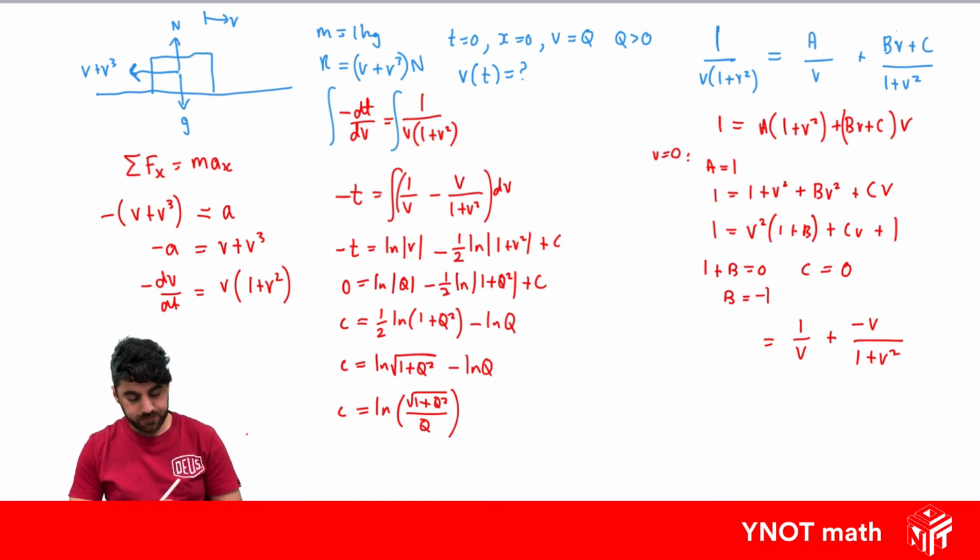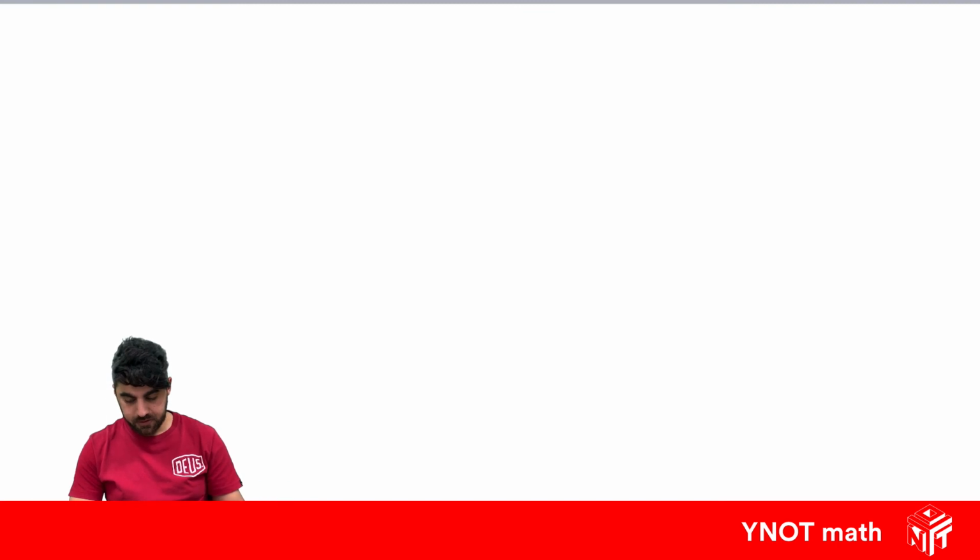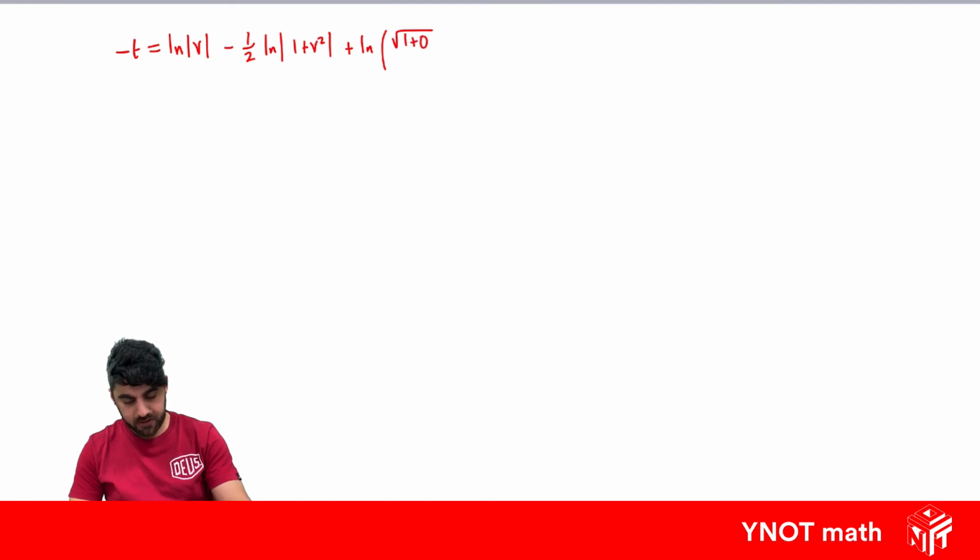So let's go to a new page. So plugging this back in for c, we're going to get minus t equals the natural log of the absolute value of v minus a half times the natural log of the absolute value of 1 plus v squared plus the natural log of the square root of 1 plus q squared all over q.